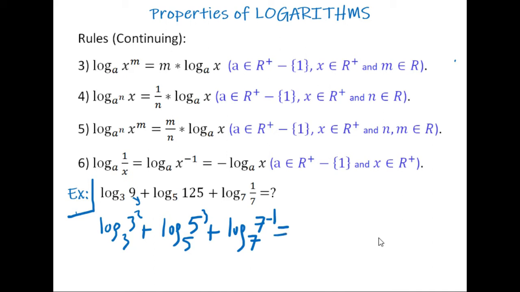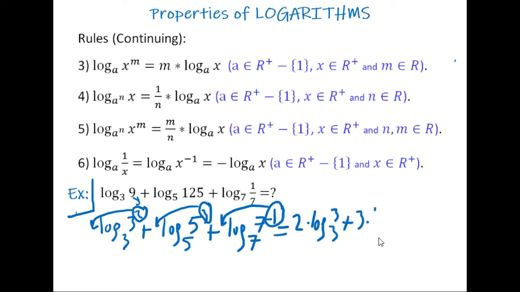Now this is equal to, that 2 comes in front of the logarithm, that 3 comes in front of its logarithm, and that negative 1 comes in front of its logarithm. So the whole expression is equal to 2 times logarithm of 3 in base 3 plus 3 times logarithm of 5 in base 5 plus negative 1 times logarithm of 7 in base 7. Logarithm of 3 in base 3 is 1.